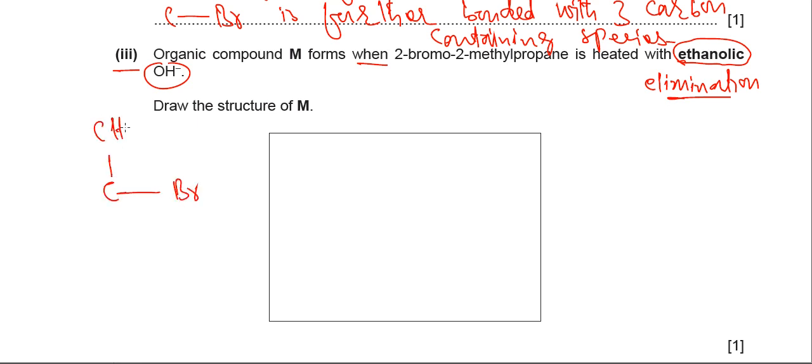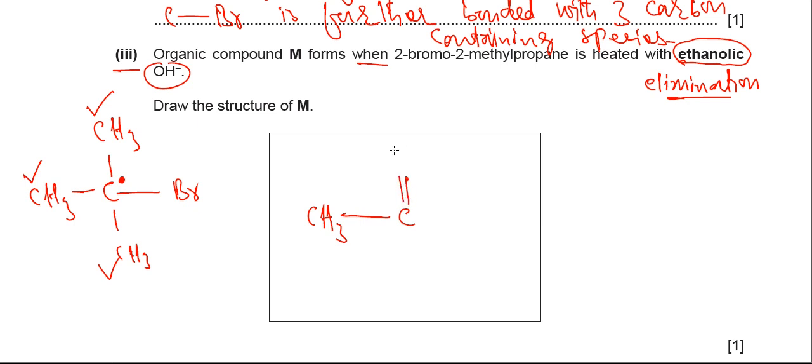Like in this case, as we have this type of haloalkane, the tertiary one, you can see that we have a very similar symmetry in this molecule. The bromine is going to be removed from this carbon atom. Then we can remove hydrogen from this, or from this, or from this. I'm going to draw CH3C, bromine is removed from here, and hydrogen is removed from this carbon atom, so we will get CH2 and then CH3.